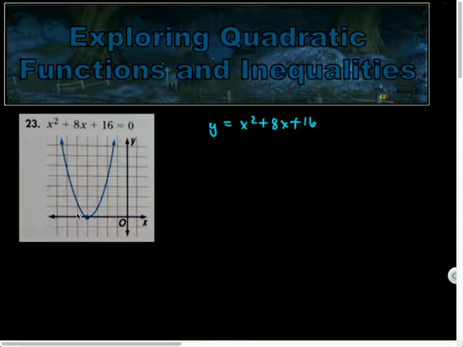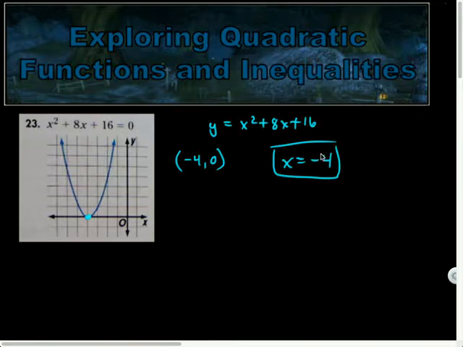So notice that y is 0 on the x-axis, and you find out that that's right here. There's only one x-intercept. There can be more for quadratics. So what is the x-intercept here? -4 comma 0, which means for the original equation, x equals -4 would have been your solution.